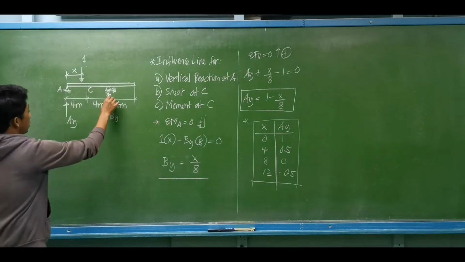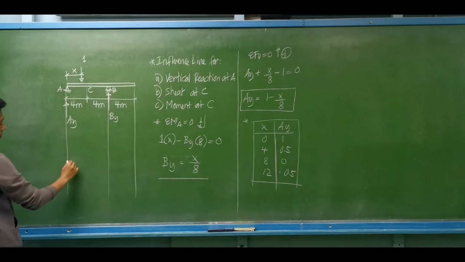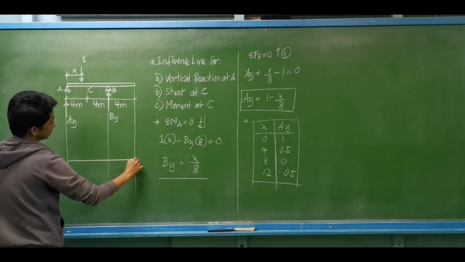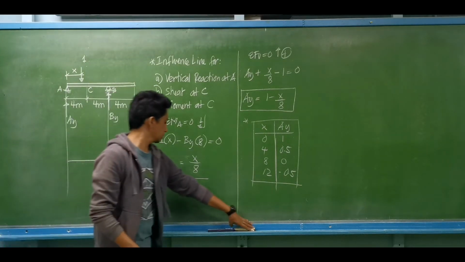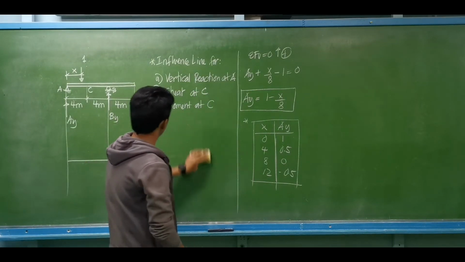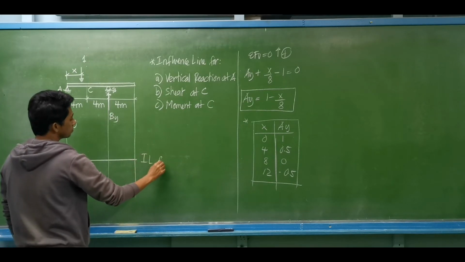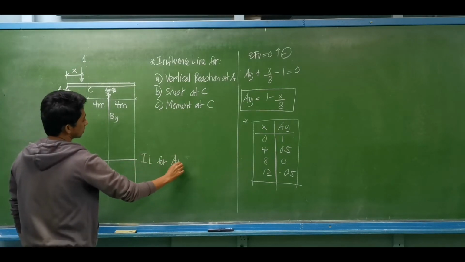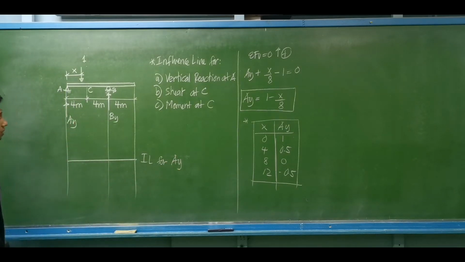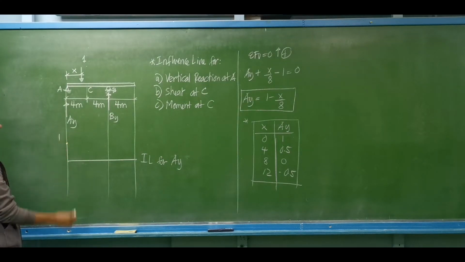If you are to draw the influence line for the vertical reaction at A, let's say this is the influence line for the vertical reaction at A. What is the value of Ay when x is equal to 0? We have 1.